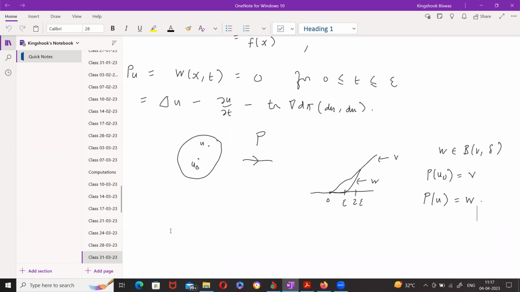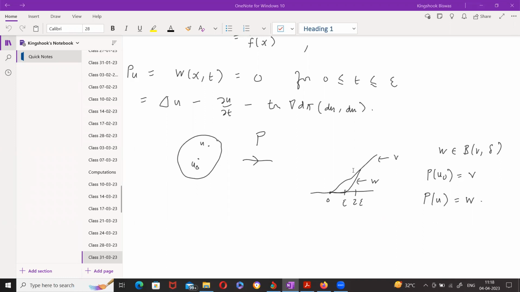The idea was you try and write a solution as a map between certain Holder spaces, and it takes values in a Holder space of curves, functions of time, taking values in a space of maps from the manifold into RQ.